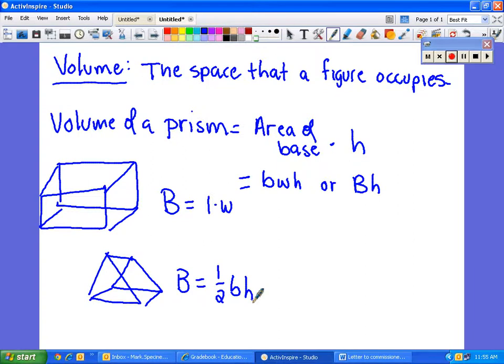And again, the reference sheet just says capital B times H, so it's important to know what the big B stands for, depending on which prism you're using.